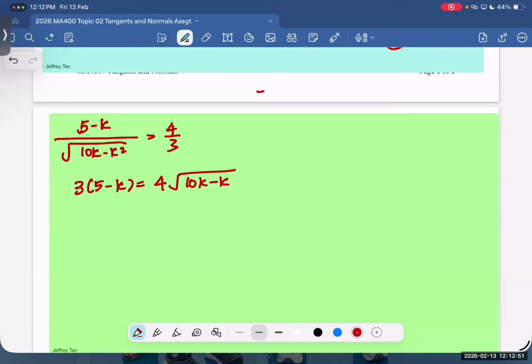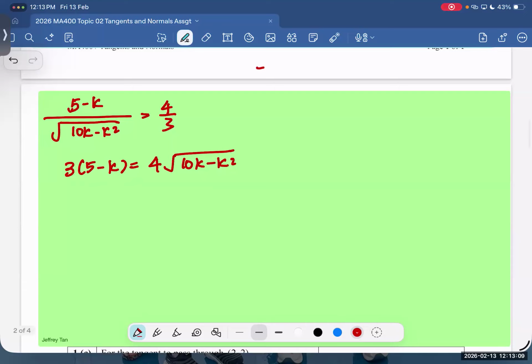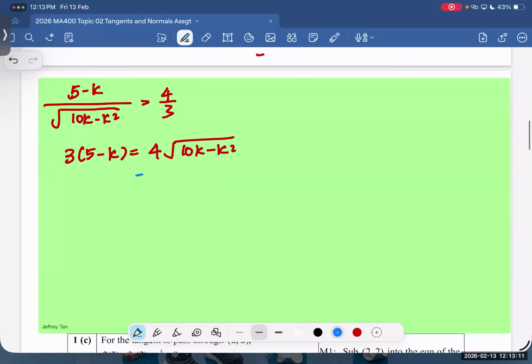So at this point, before we square both sides, usually what we want to do is isolate the surd, so that when I square, there's no more surds coming up. I want the surd to be by itself. So if I do this, what's the next step? I square both sides.